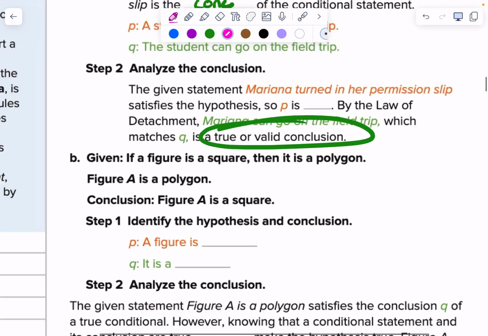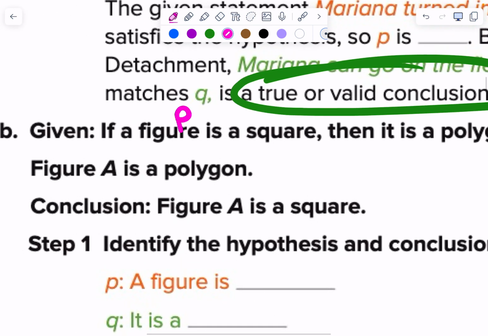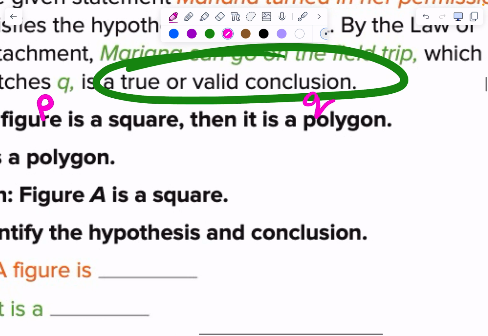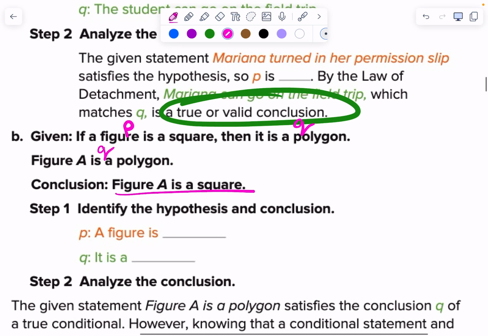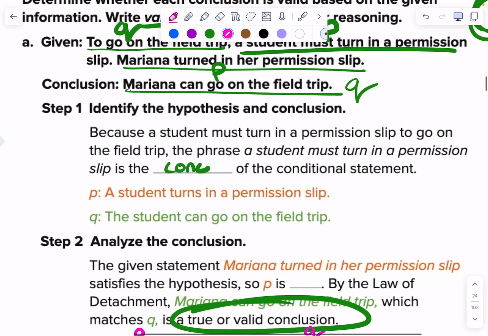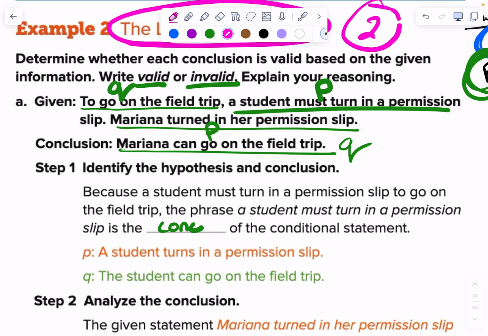B. If a figure is a square, that is P. Then it is a polygon, that is Q. A figure is a polygon. Does that mean the figure is a square? It's got to go PQ, PQ in that order. The first one did go PQ, PQ. It just didn't give it to us in that order.